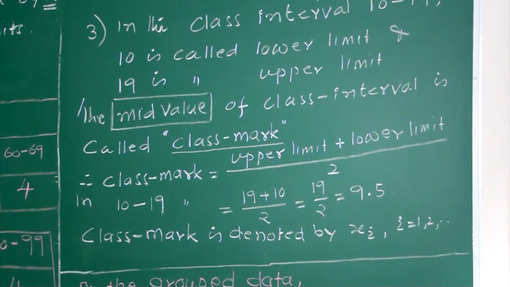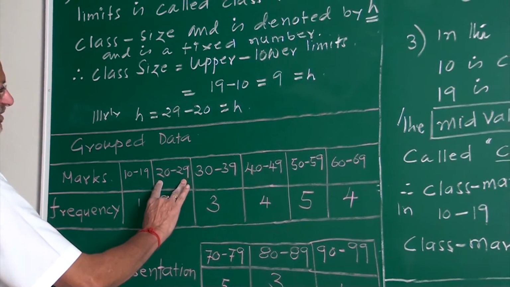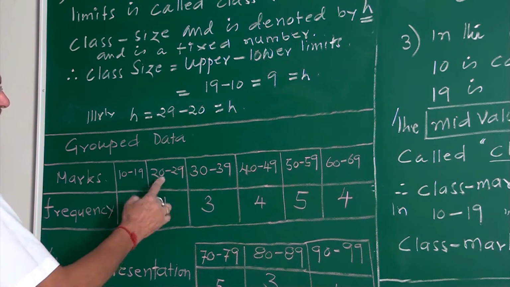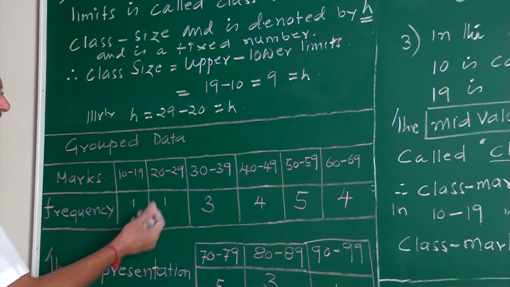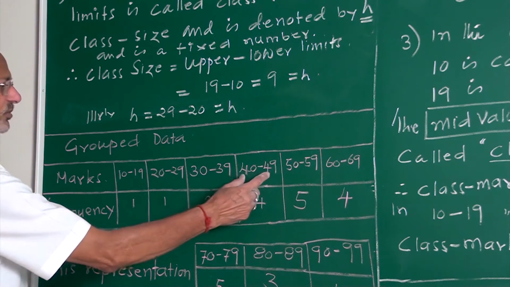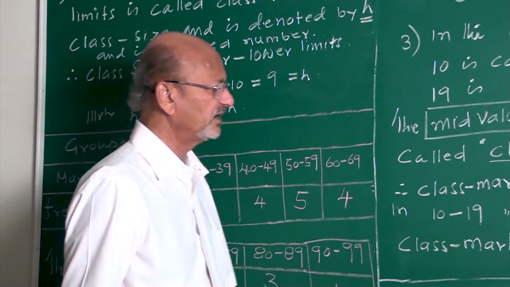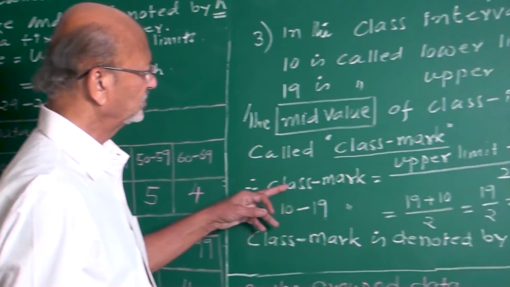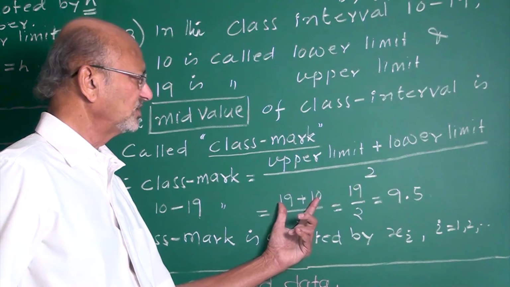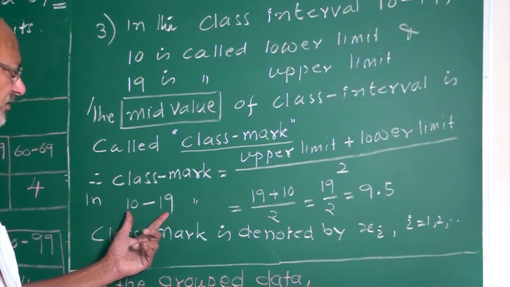Similarly, my friends, here 20 plus 29, how much is it? It is 49 divided by 2, which gives you 24.5. Here 34.5, and 44.5. Like this, my friends, you can find the class mark. You have to add both the numbers and divide by 2.